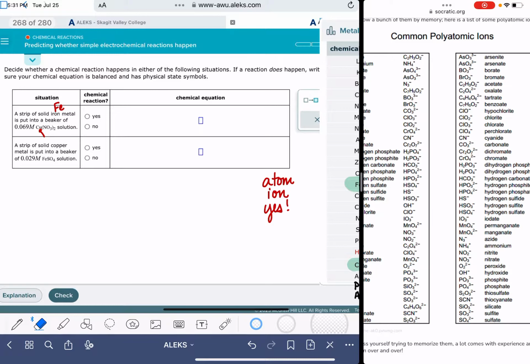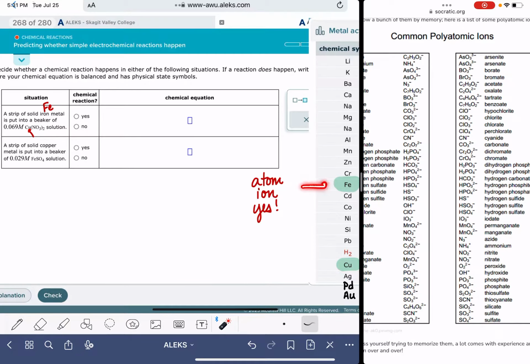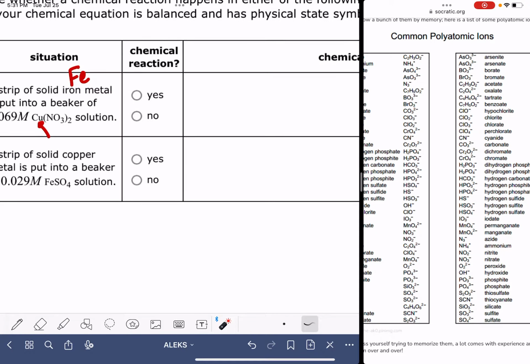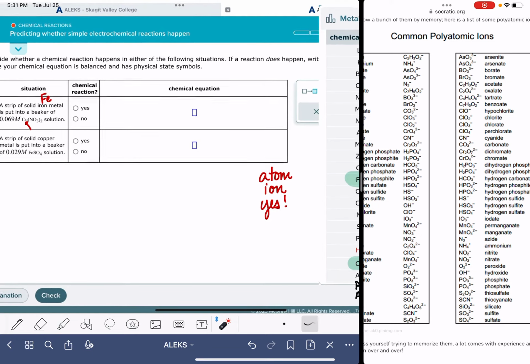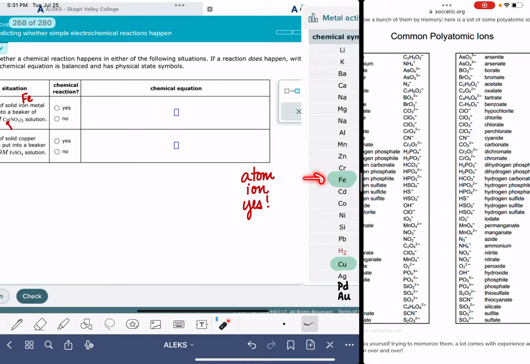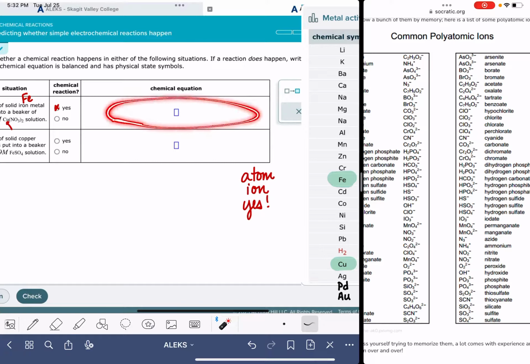If the atom, which is the metal all by itself, described as solid iron metal, is higher than the cation, and the cation is the metal that's part of an ionic compound, then yes, a reaction is going to occur. And since a reaction is going to occur, we're going to need to write the equation.